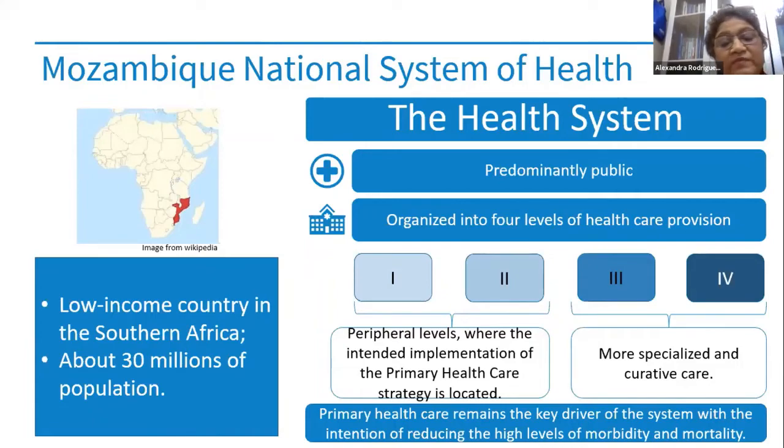In the other 2 levels, the 3rd and 4th, we offer the most specialized and curative care. Our system is driven by primary health care, and the intention is to reduce the high levels of morbidity, but also mortality.